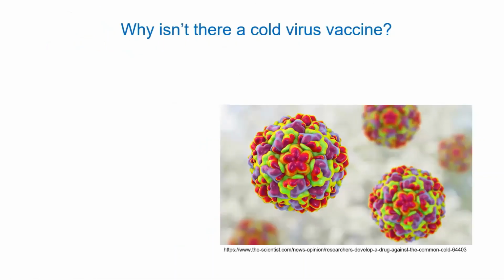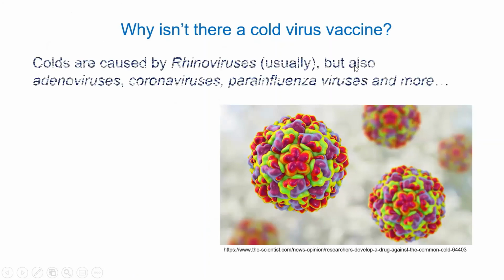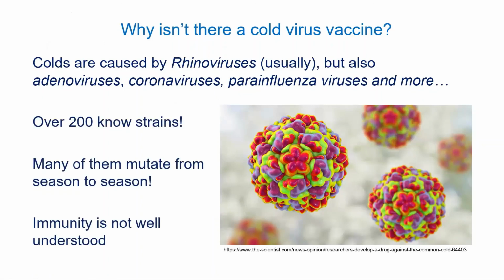So maybe I will address this question, and then next day we'll talk about COVID-19. It says here, why is there not a vaccine against cold viruses? Well, it turns out that the common cold is caused by at least 200 viruses. I'm trying to remember what the number is, 130 maybe different rhinoviruses that cause the cold. They mutate from season to season.